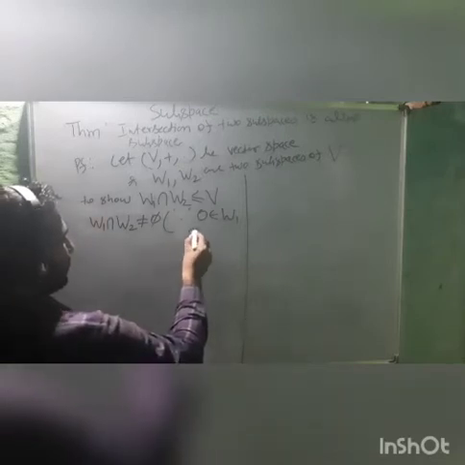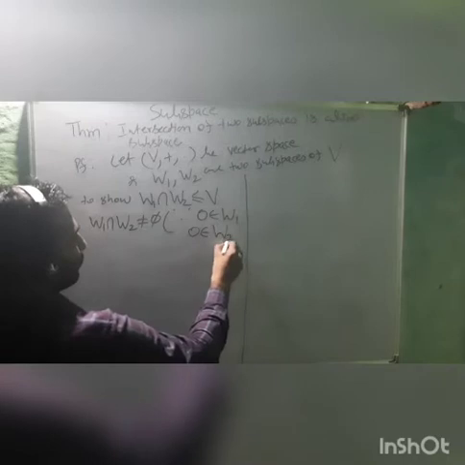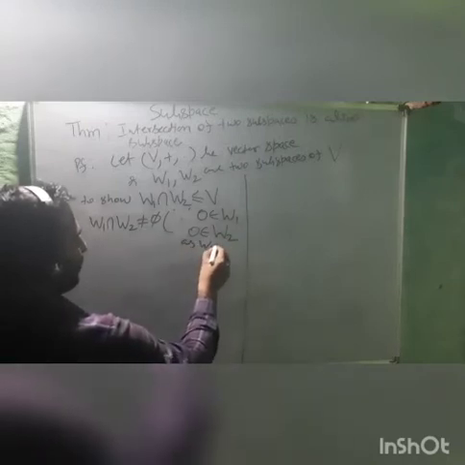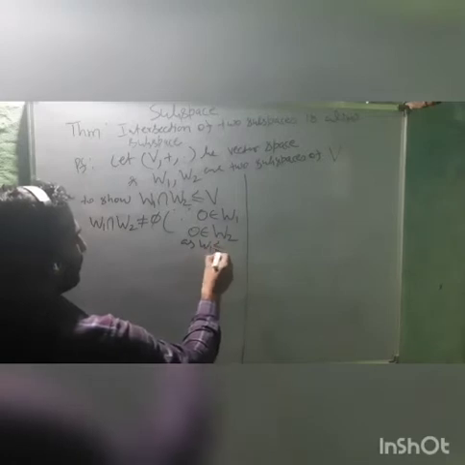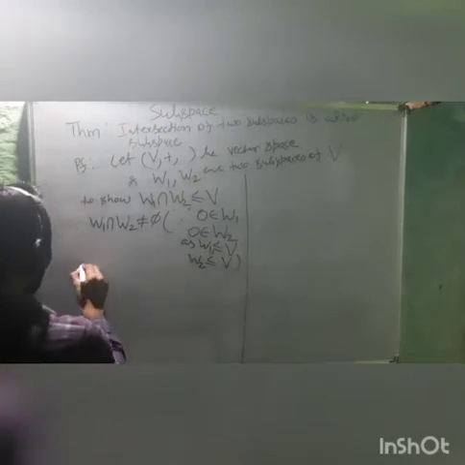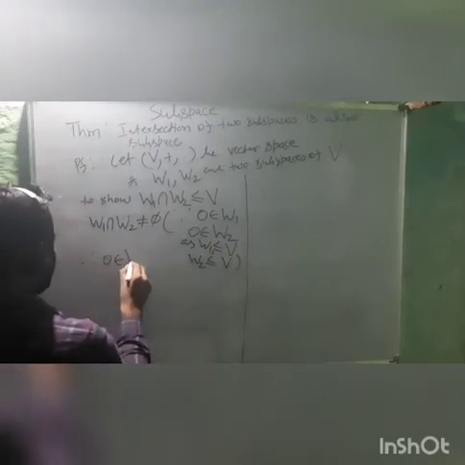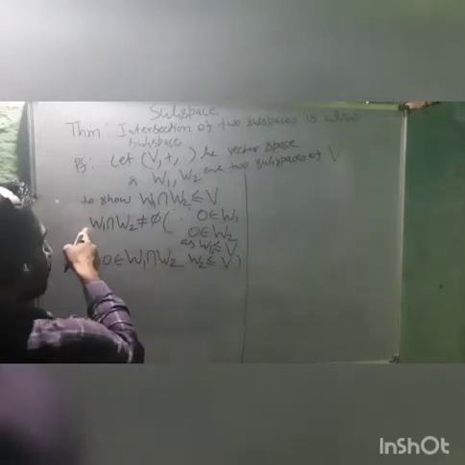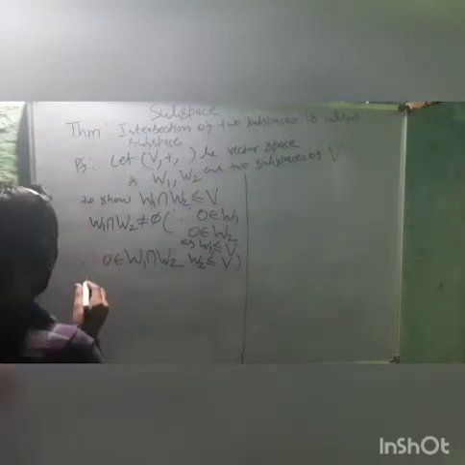W1 is a subspace, so the additive identity 0 is going to be there, and 0 is also in W2, as W1 is a subspace of V and W2 is also a subspace of V, given. So therefore 0 belongs to W1 intersection W2. So non-empty is done. This we always have to do.